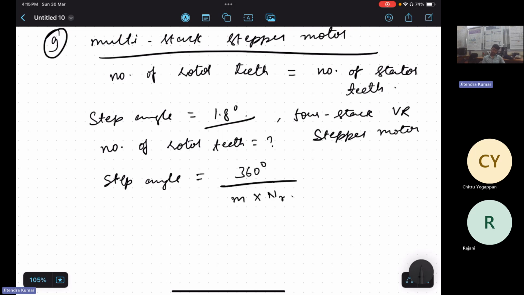And M here is how many stacks are present. So M will be 4. Step angle is 1.8 degree. And now you can calculate.